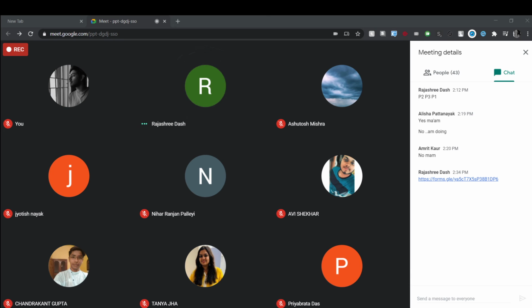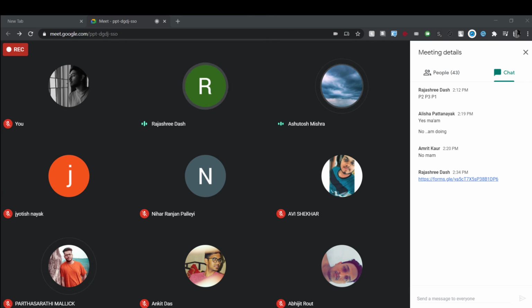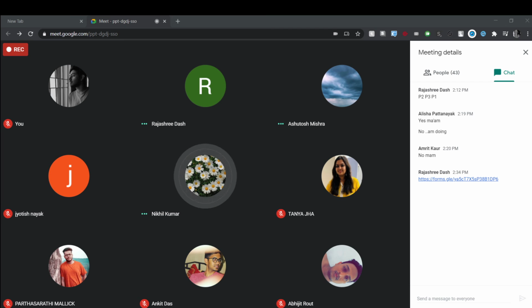Abhijit Raut, present, ma'am. Ankit Das, present, ma'am. Parthasarathi Malik, present, ma'am. Tanya Jha, present, ma'am. Ashutosh Mishra, yes, ma'am. Nikhil Kumar, present, ma'am. Rahul Senapati, yes, ma'am.